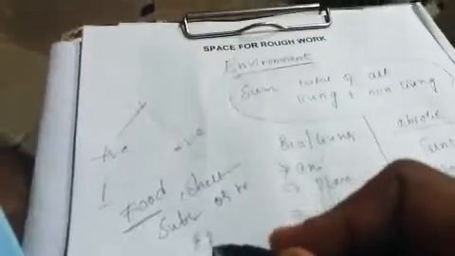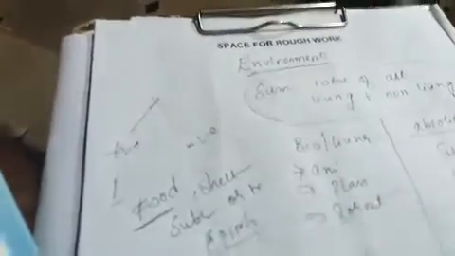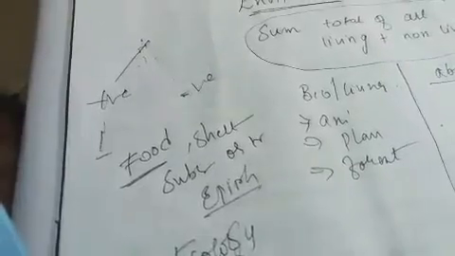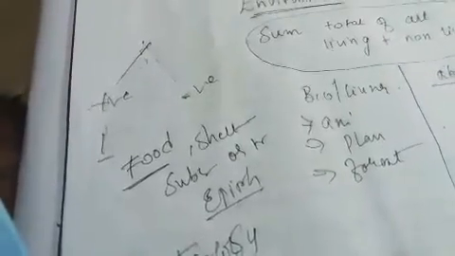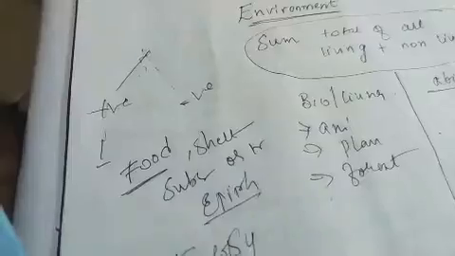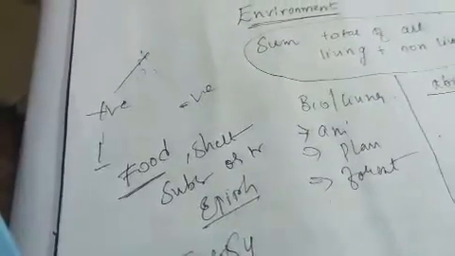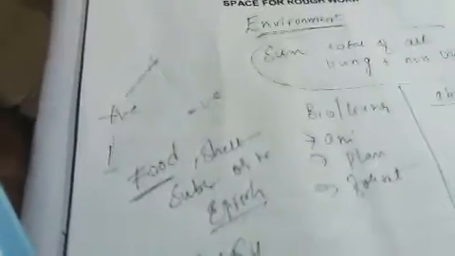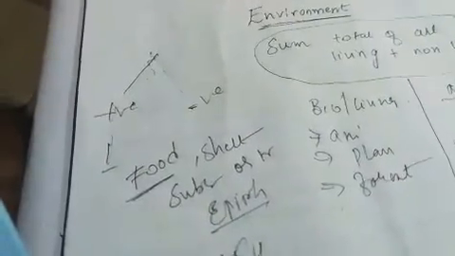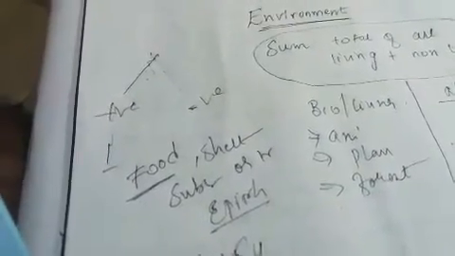Example, epiphytes. Have you read about epiphytes? Especially these type of plants we can see in tropical evergreen forest. They are present in large numbers because these plants actually can't get direct sunlight, so they attach to the surface of other plants.